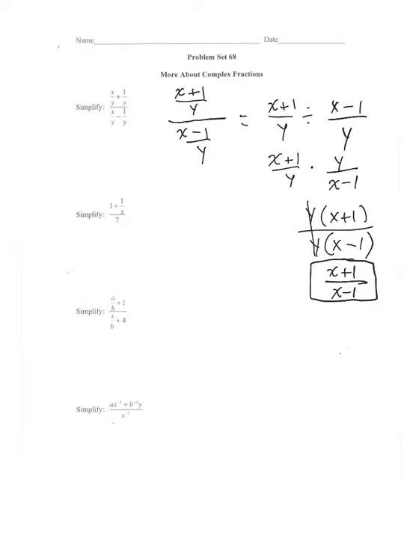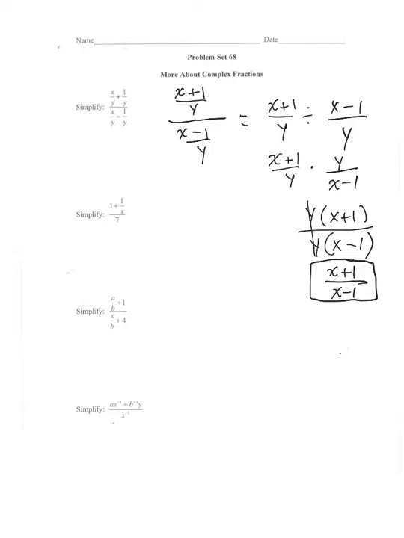We have 1 plus 1 over x, all over 7. One of the things I might want to do is see if I can clean up the numerator a little bit to start. So 1 plus 1 over x can't be added currently because there's no common denominator. However, if I make the denominator of both my fractions x, then I can add them together.